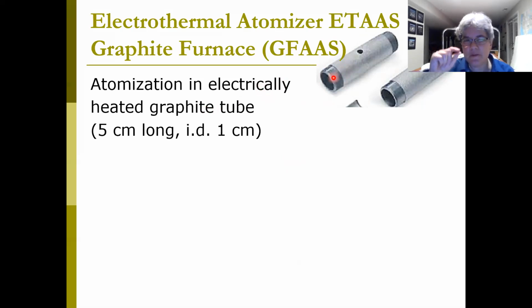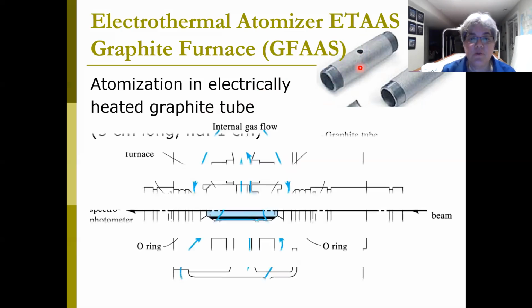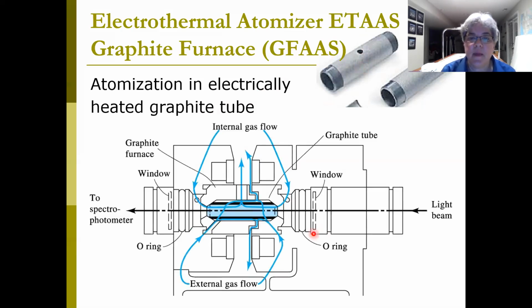Notice 5 centimeters by 1 centimeter inside. So these are small little tubes. And so we're going to put my sample down inside of that tube. And then I'm going to heat that tube. And so my sample will be in here. It gets heated and it will get atomized. And then the light comes through and we'll measure the absorption.